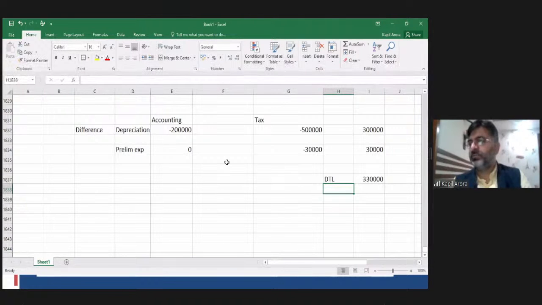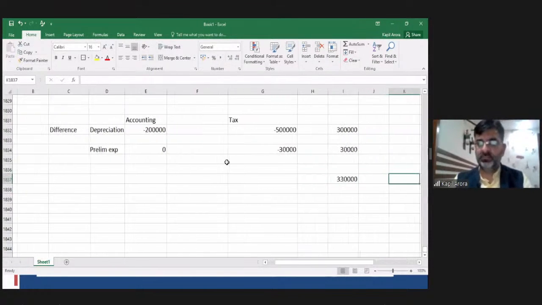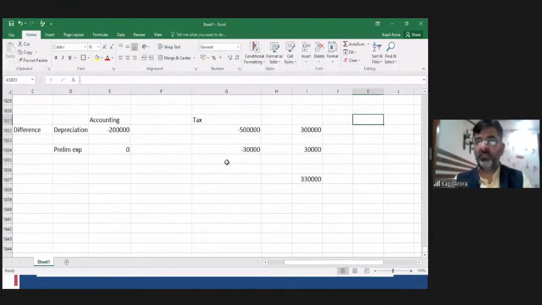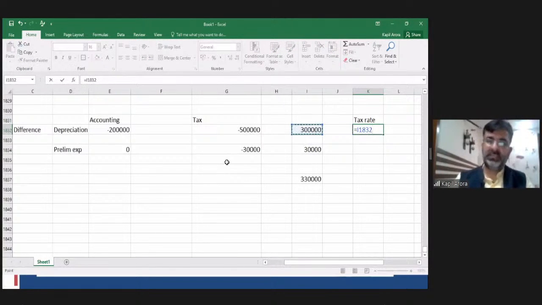Is it okay with all? Sorry, the tax rate we have not applied. So the tax rate would be this into 50%.